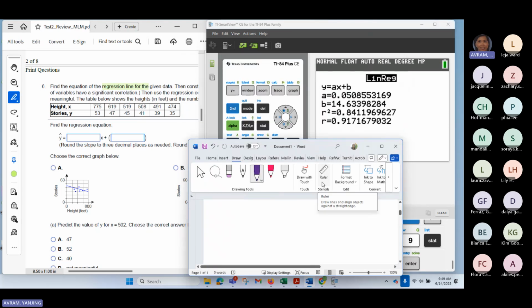My equation for number 6 will be y equal to ax plus b, right? a is 0.051x. Okay, you have to have an x in here, and then plus b. So b is 14.639, so the 9 needs to round up, so that should be 14.634. So that's my y hat in here. Okay, that is my y hat.